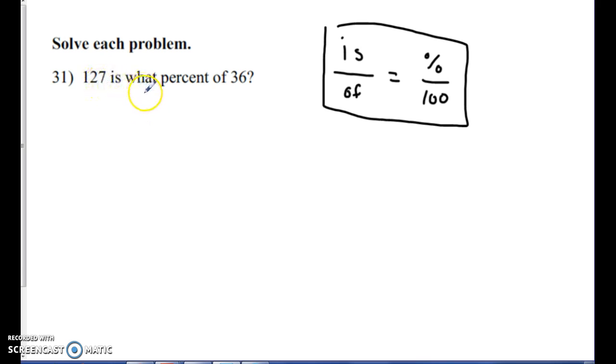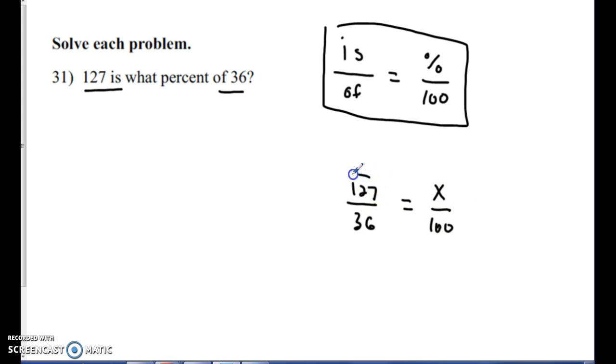Okay? So I do not know my percent because it's asking what percent. So I'm going to say x over 100 because that's where percent over 100. 127 is, so that's going to go in the is spot, 127, and then of 36. So 127 over 36 equals x over 100.